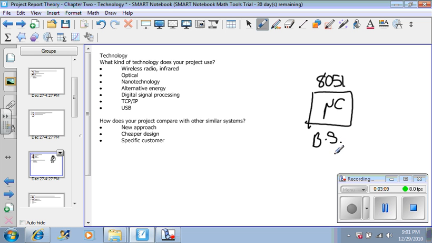The Basic Stamp may be easier to use and easier to program, but you lose a lot of capacity because a lot of the work has been done for you. Whereas with the 8051, you have to start from the ground zero level and build your way back up. It takes a lot longer to develop the programs, but at least you understand every single step of how your system works.